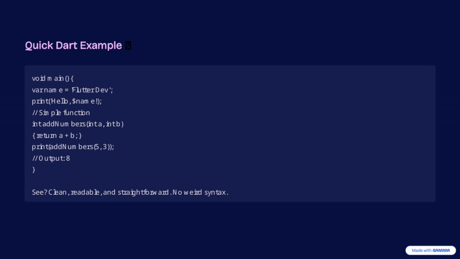The output will be 8, demonstrating how functions work in practice. The key takeaway here is that Dart code can be clean, readable, and easy to understand, thanks to its simple syntax. This example underscores the overall theme of writing clear and efficient code, which is fundamental when developing Flutter apps.